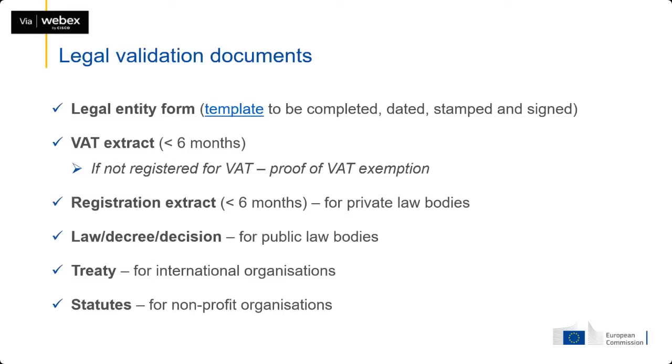We would also need a recent VAT extract, not older than 6 months, or in case your entity is not registered for VAT, a proof of VAT exemption. For private law bodies, another document that we would request is the registration extract. Again, a recent document is necessary, so we can be sure that your entity is currently existing and under what legal form or any other specificities.